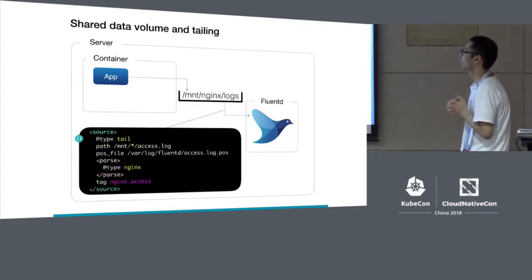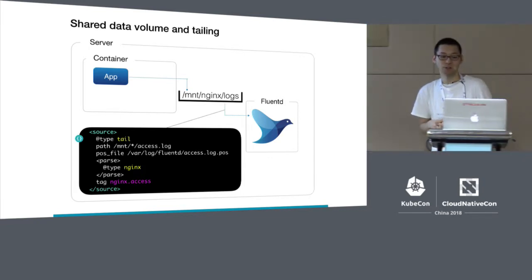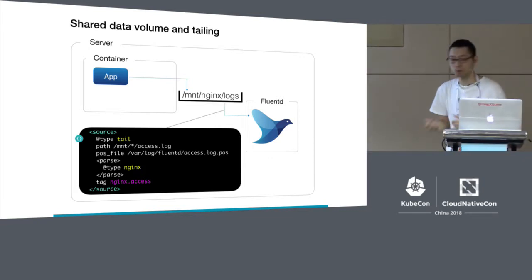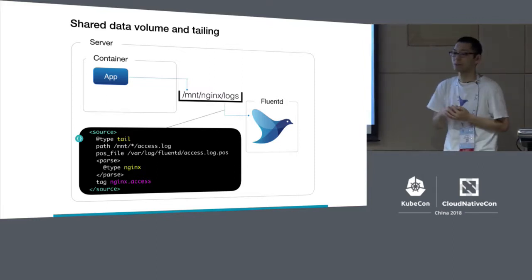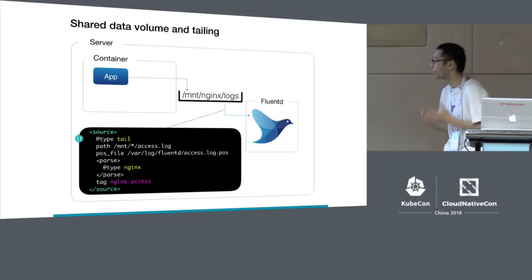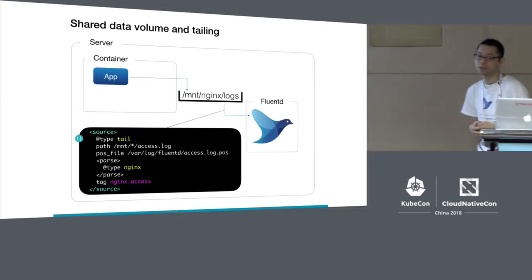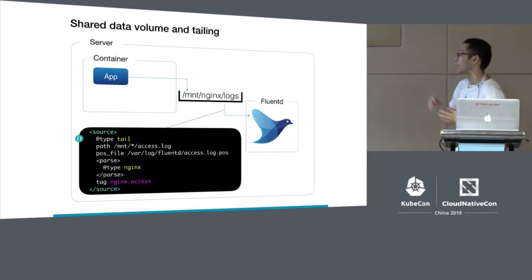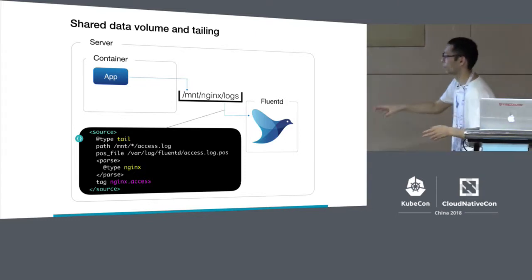Okay, the next is using the shared data volume and Fluentd's tail input plugin. For some applications, for example some middlewares, you can't modify the logging mechanism. For example, middleware writes the logs to a fixed path on the local file system.